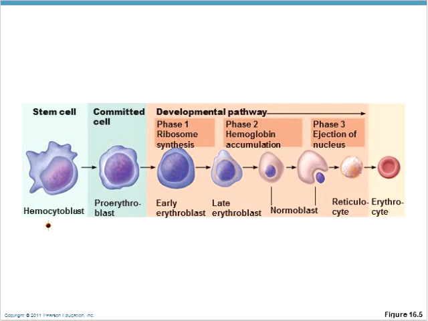So here's the process. We start with a stem cell, a hemocytoblast. It becomes a committed cell to the red blood cell line. It becomes a proerythroblast. The development pathway begins, and in phase 1, ribosome synthesis occurs, and you see an early erythroblast, and yes, there's a nucleus still. You see a late erythroblast, and yes, there's a nucleus.